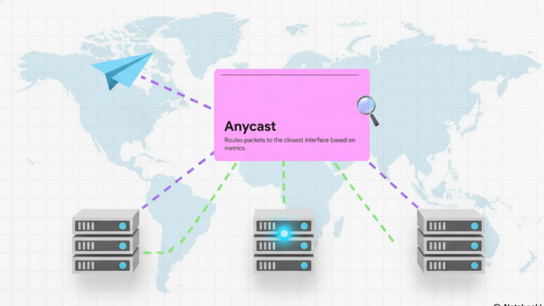Instead, it relies on underlying routing protocol metrics, things like BGP path length or OSPF cost, to calculate which interface is topologically the closest. The packet is then seamlessly routed only to that single nearest node. It is a super powerful concept that basically abstracts geographic distance into pure network logic.